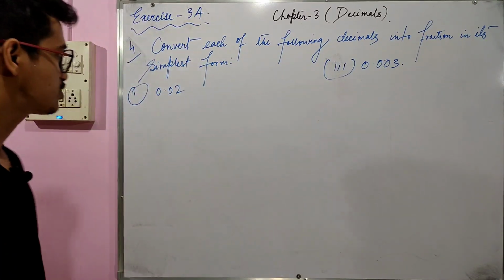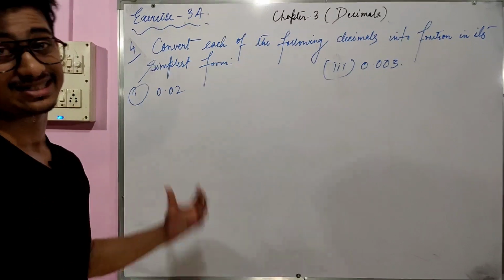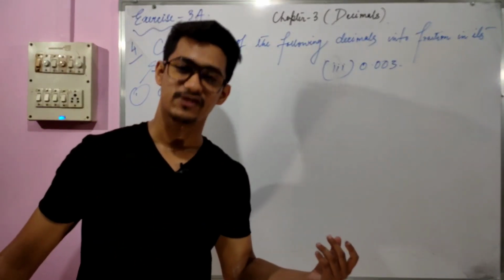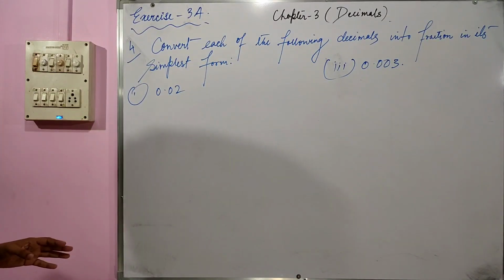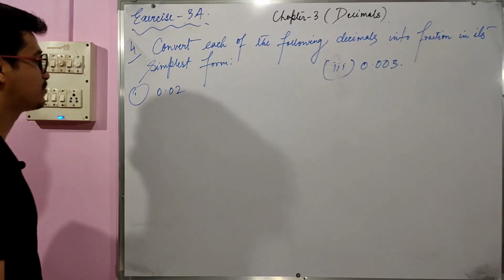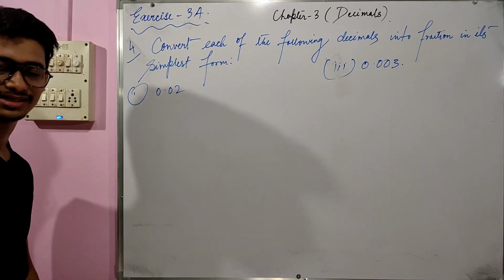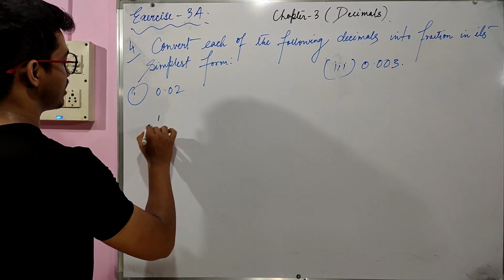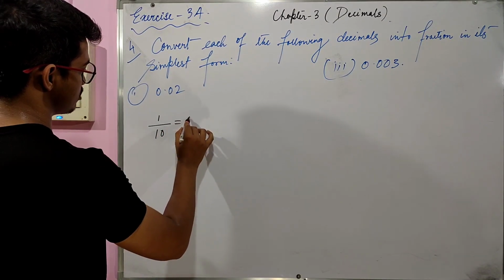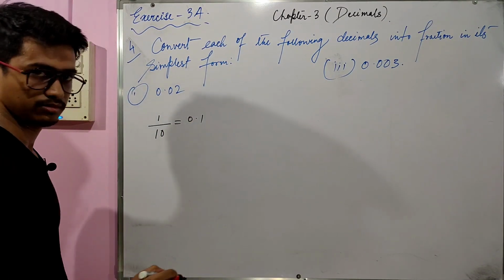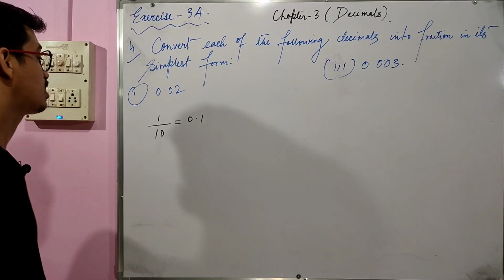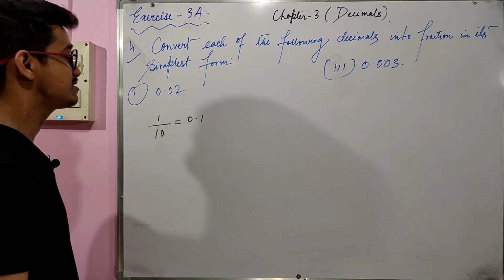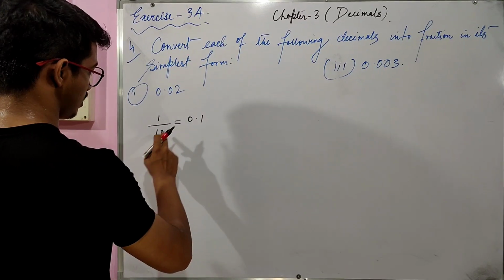So first of all, how will you convert this decimal number into a fraction? The straight and simple answer is this: when we are talking about 1 by 10, that is basically 0.1, right? So how will you do this?